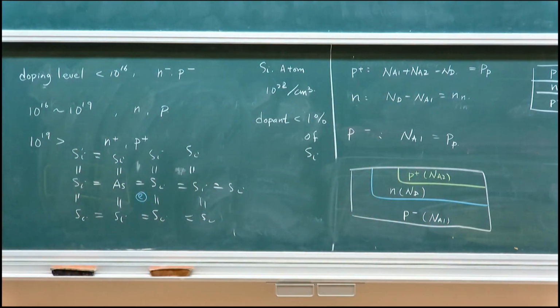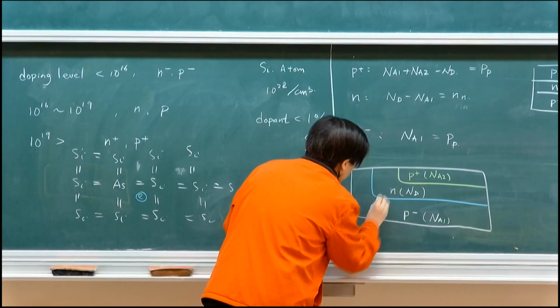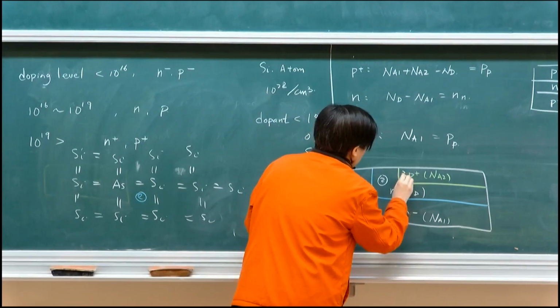This whole process is called counter-doping. And anytime you have counter-doping, you want to figure out each region: region 1, 2, and 3.